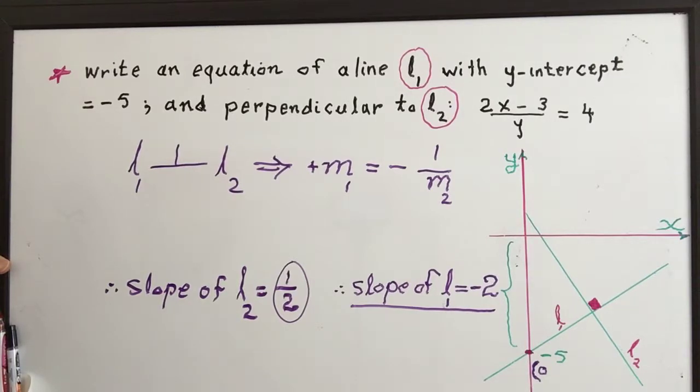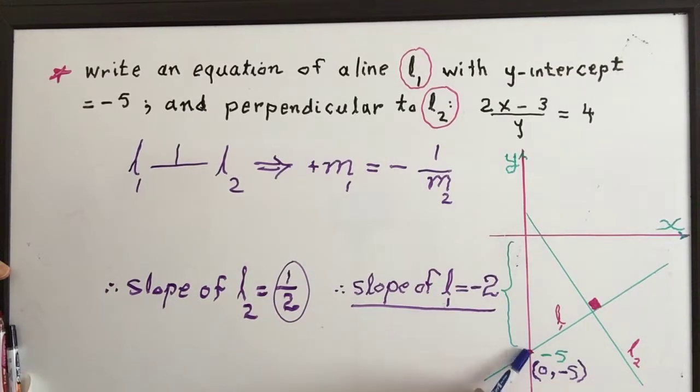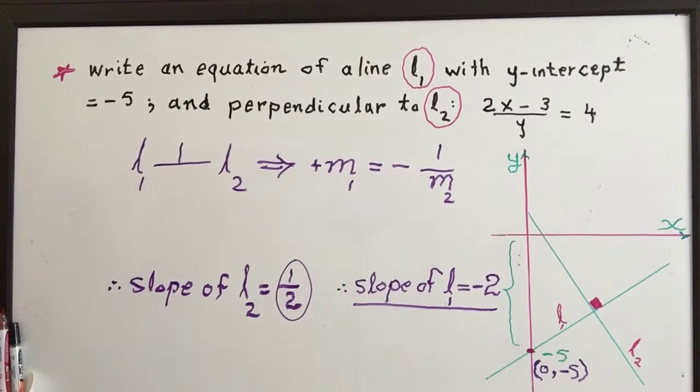All points on the y-axis have x coordinate 0, and the y coordinate is -5. That's the meaning of the intercept being -5. So we have all the information we need to write the equation now. The point is known and the slope is known.